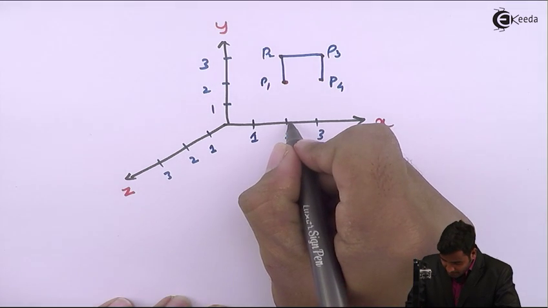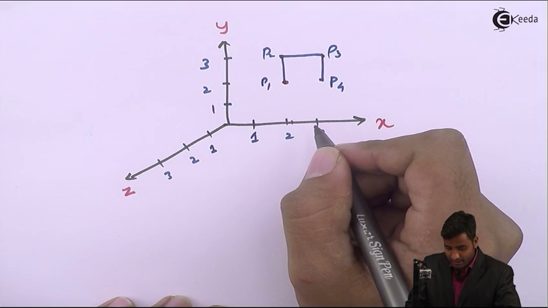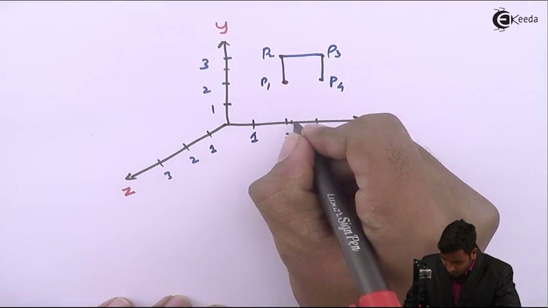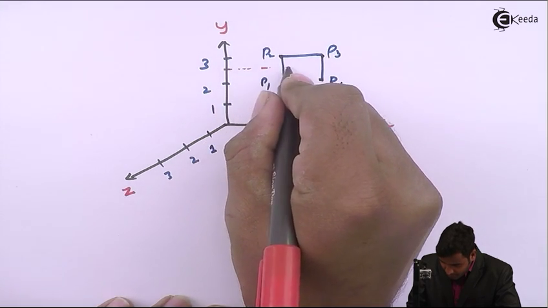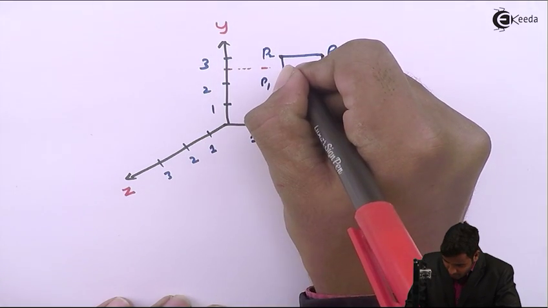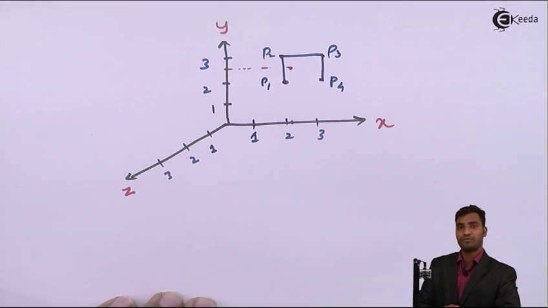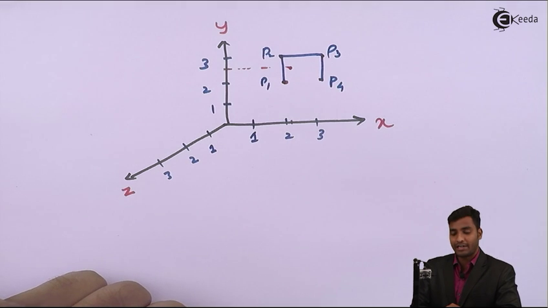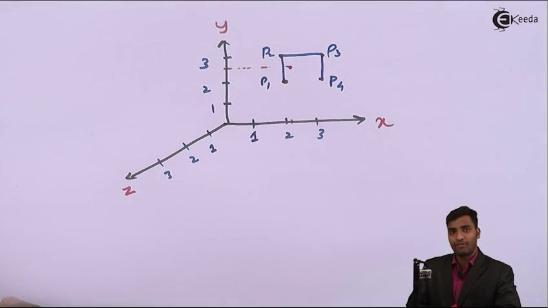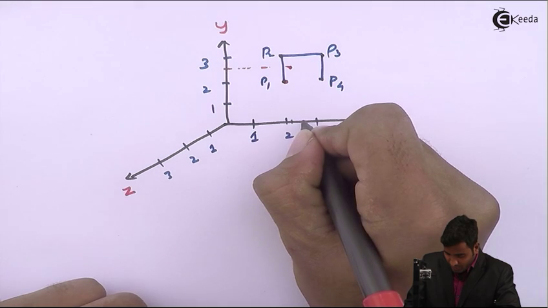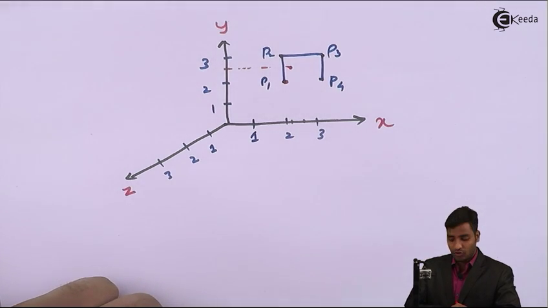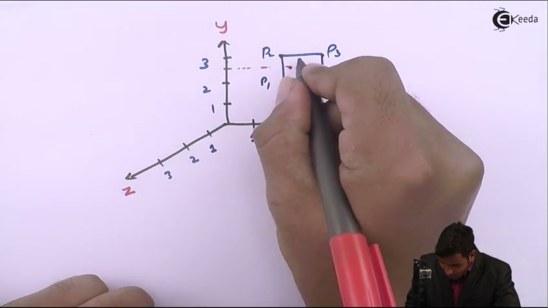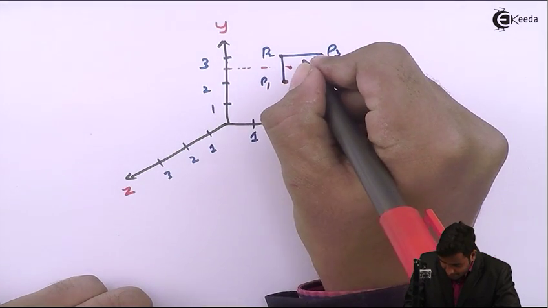So 2.156 means somewhere here, and 2.5, so it will be here. So I will plot this point here. So the second point is here for u equal to 1 by 4, and for u equal to 1 by 2, the value of x was 2.5, so it will be here, and the value of y is 2.75, so it will come somewhere here. So the points will meet somewhere here.